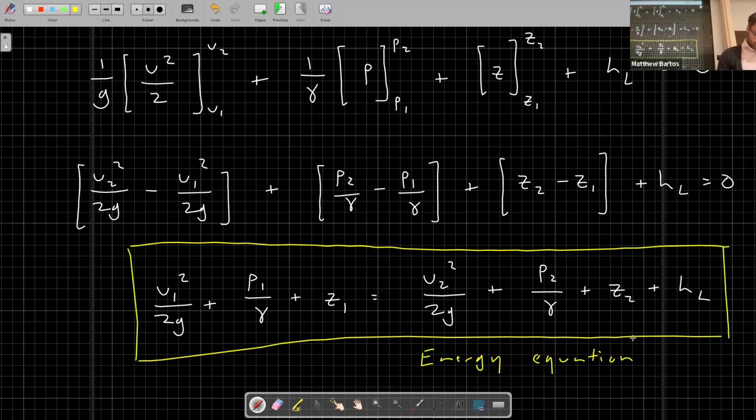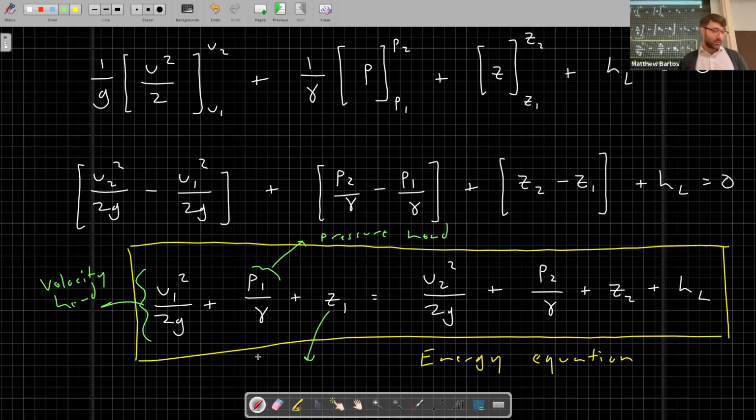So let me just put a couple labels on these. We still have some time left. This here is the velocity head. As I mentioned, that's associated with the net momentum flux. This term here is the pressure head. It's associated with the pressure force, and the z1 here is the elevation head.